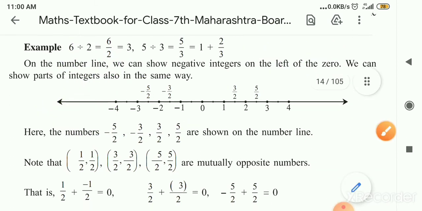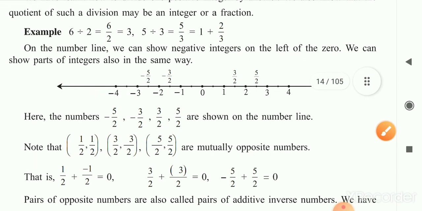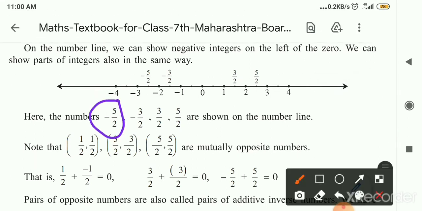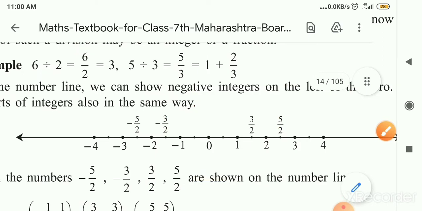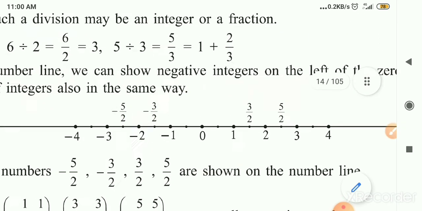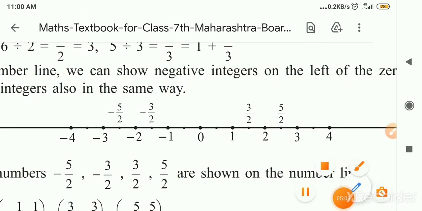So the numbers minus 5 upon 2, minus 3 upon 2, 3 upon 2 and 5 upon 2 are shown on a number line. I think I taught you the number line last year. How do we do it? First of all, I will draw the number line, then you will understand it.